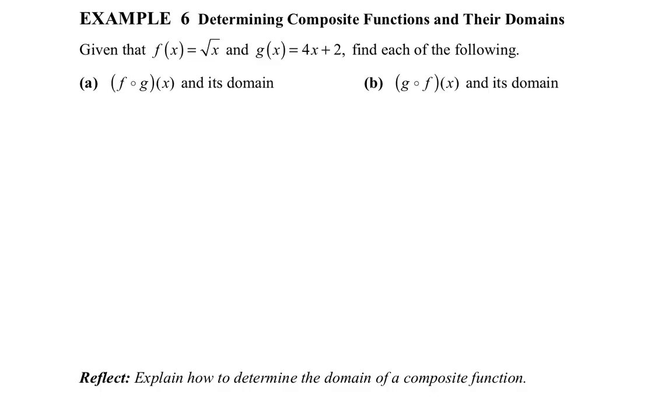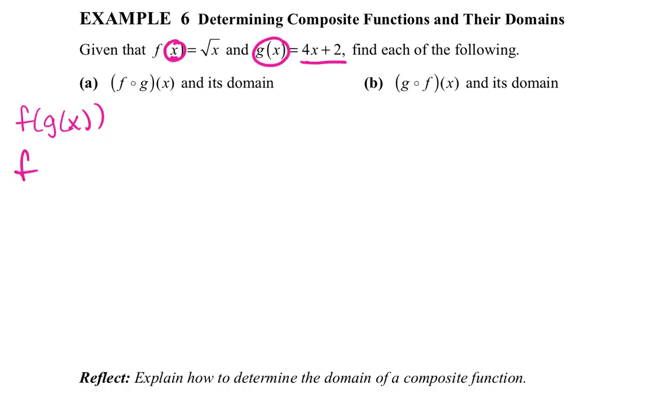So now, what if they just give you two functions and they want you to determine the domain of these functions? So we're going to do f of g of x. That means I'm going to replace the x in my f of x with the function of g, because you're replacing this with this.